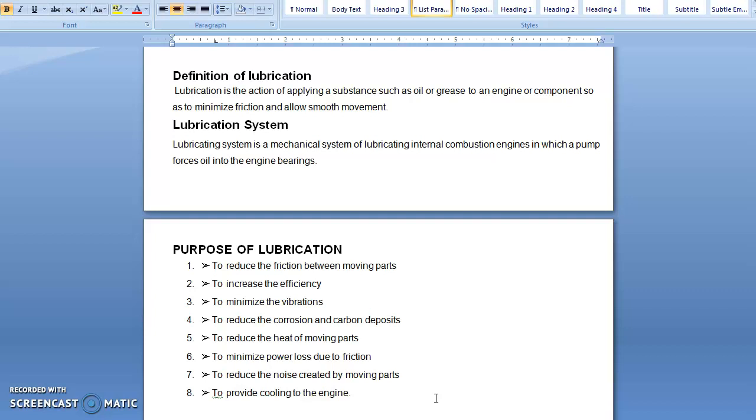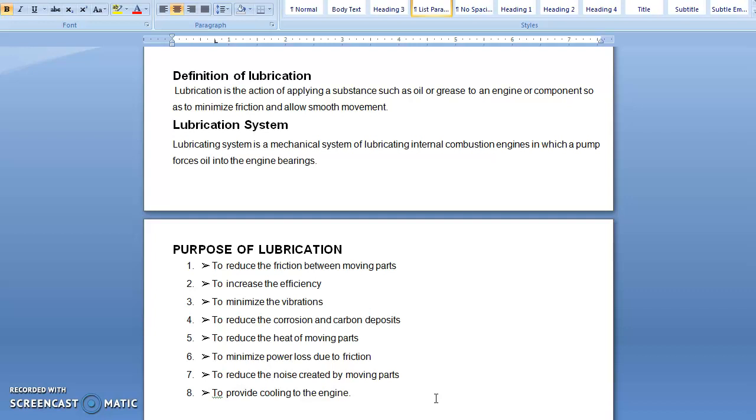Number one, the purpose of lubrication is to reduce the friction between the moving parts. Number two, to increase the efficiency. Number three, to minimize the vibrations. Number four, to reduce the corrosion and carbon resistance. Number five, to reduce the heat of moving parts.